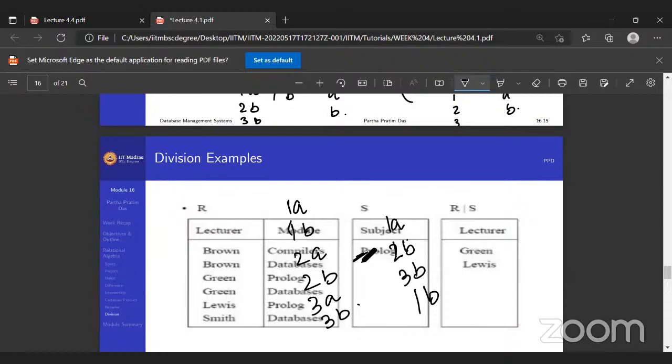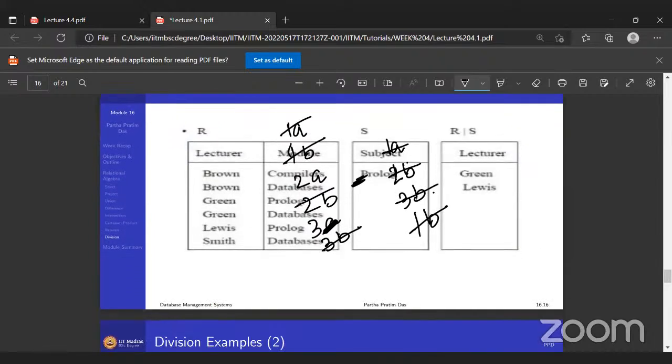If we want to subtract these things, subtract means whatever is present in here should not be present in the final output, right? So we cancel 1A with 1A, 2B with 2B, 3B with 3B, and 1B also gets cancelled.